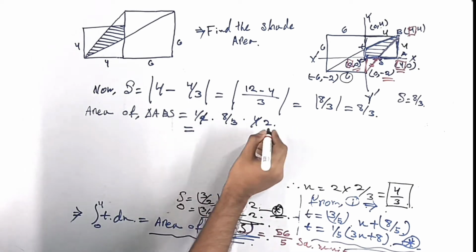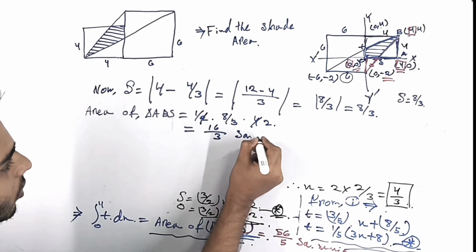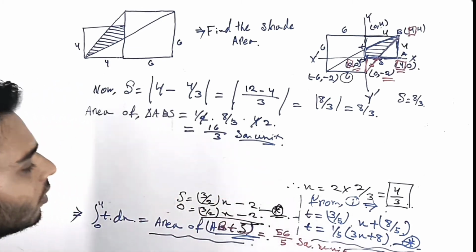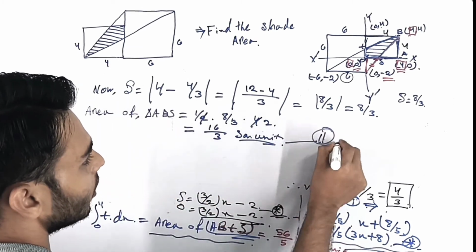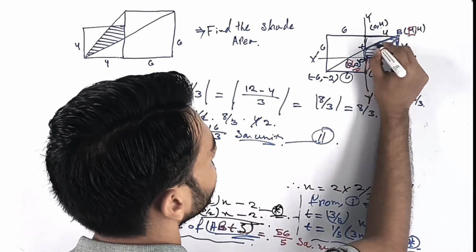So 2 and 4 cancel out, it's coming 2, and that's equals 16 by 3 square unit. And it's also important for this. So now this is taking number 2 and the under is taking number 1, as the area of ABCOTS, that's equals 56 by 5 square unit.